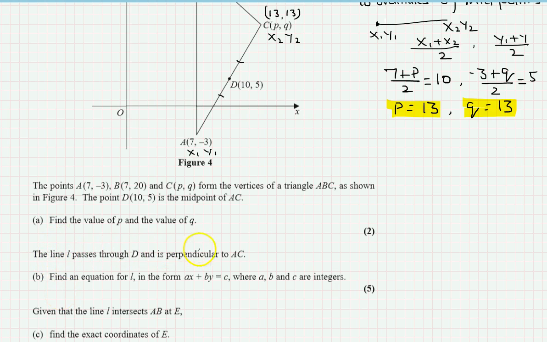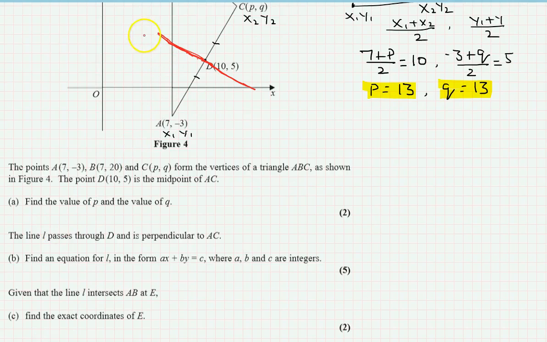A line L1 passes through D and is perpendicular to AC. So let's assume this is a line and this is a 90 degree. It's perpendicular.